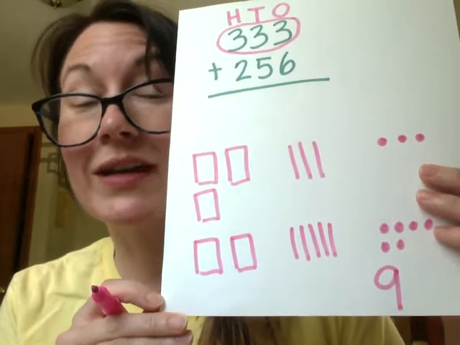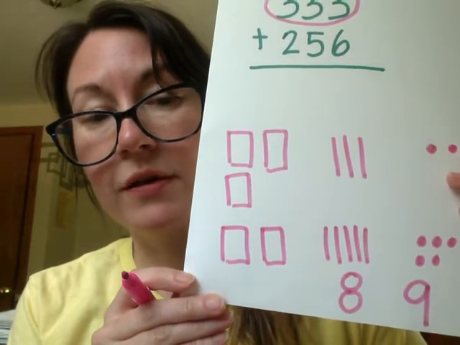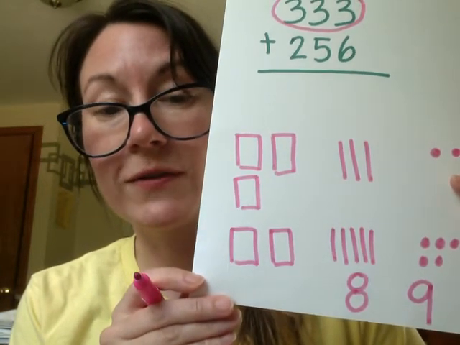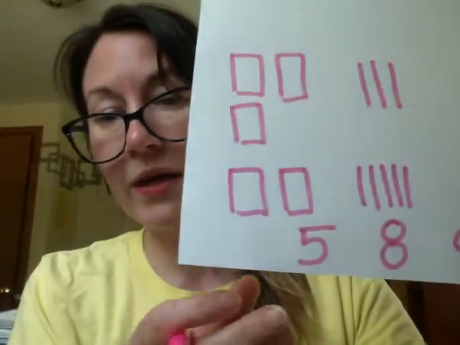And there's my answer. I'm going to circle it, actually. I like to circle my answer, too, or put a box around it so that I don't lose it. Here's my answer. 589. So 333 plus 256 is 589.